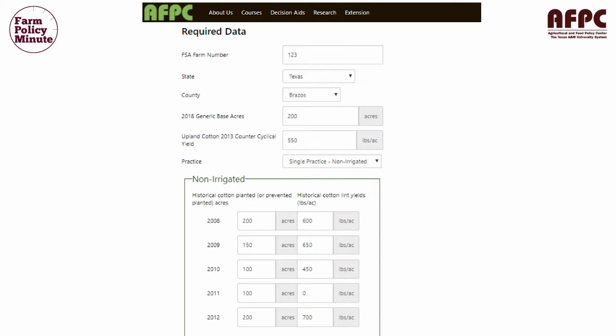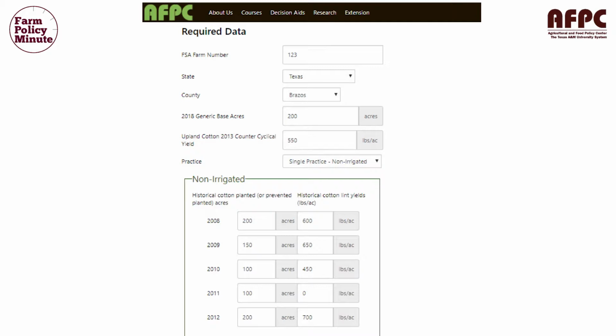The practice comes in because in certain counties, if at least 25% is either dry land or irrigated, meaning the other percentage is the other one, then they can be a split practice, and you could have irrigated ARC cotton, or you could have dry land ARC cotton on the same farm number, and so those calculations would be different.